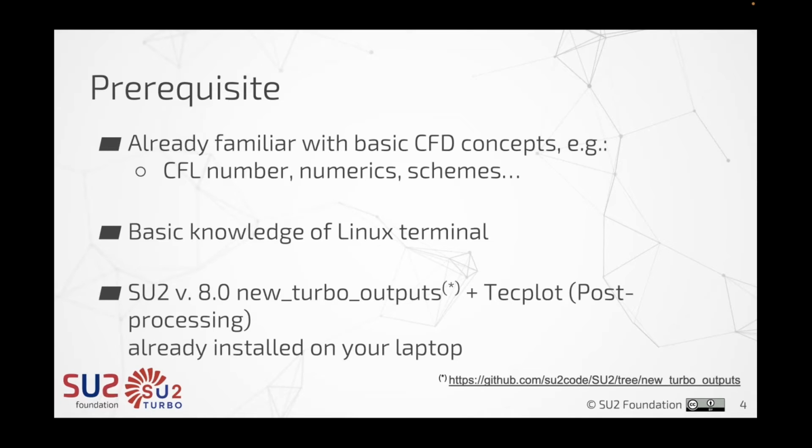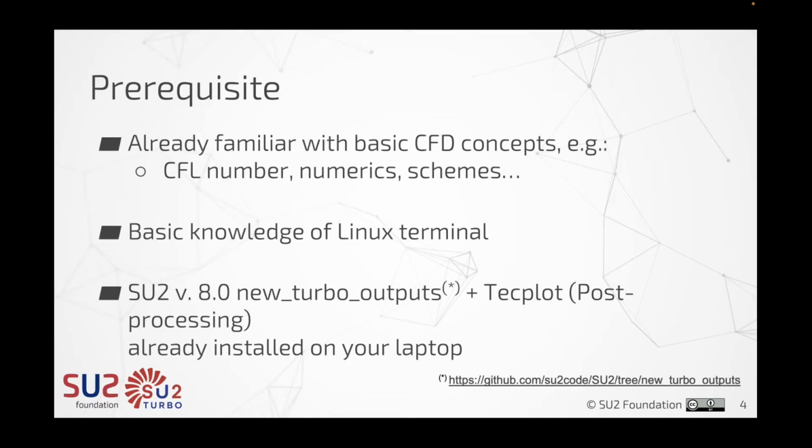Also, if you want to follow along with your laptop, we will be using SU2 version 8, but not the develop or master branch, but the branch with these new turbo outputs. You have the link down here, where basically you also have working turbomachinery output in terms of turbomachinery performance and these kinds of things. Also, for the post-processing part, we'll be using Tecplot.